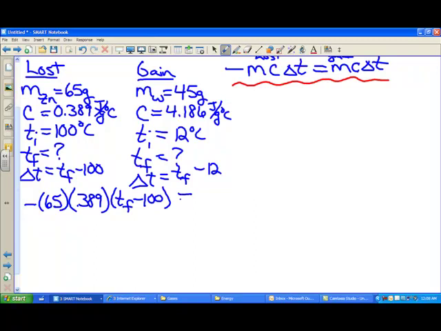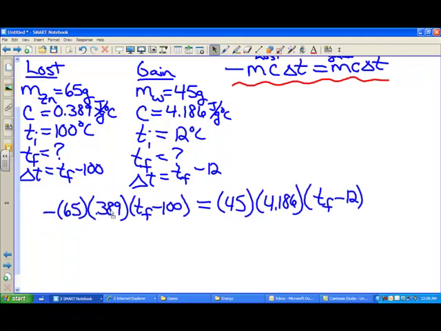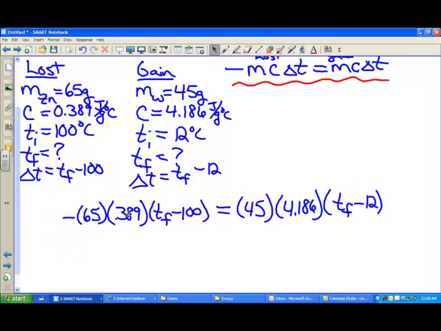That is going to equal 45 times 4.186 times T final minus 12. So I've just put in all the numbers that I need to know.